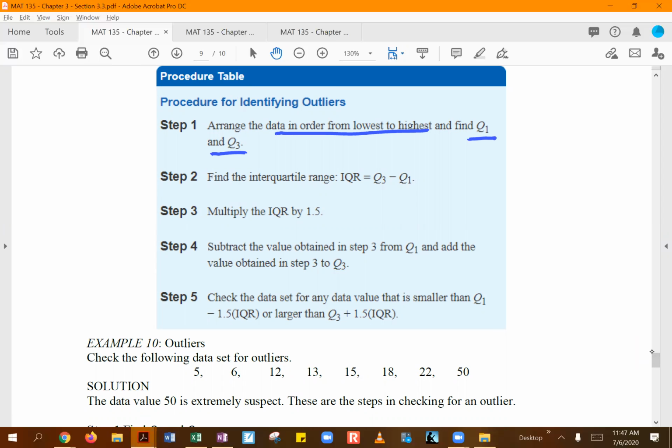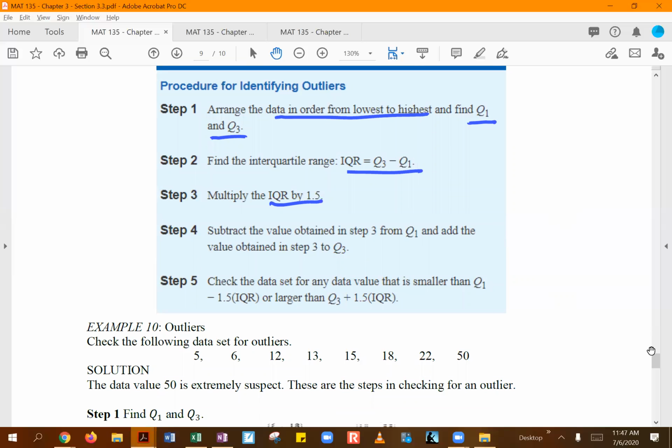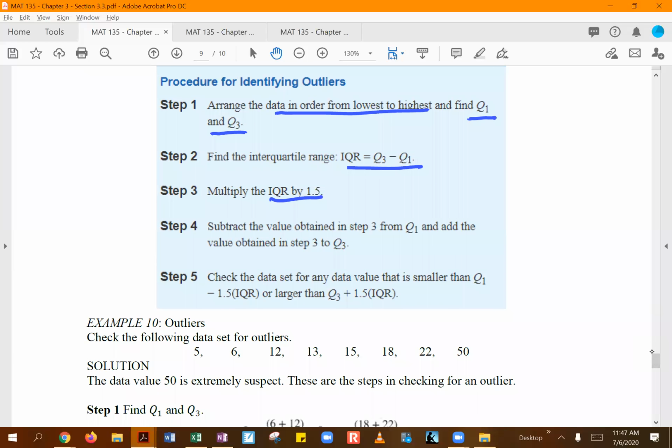Find the interquartile range. Once you have done this calculation, we multiply the interquartile range by 1.5, and then taking our quartile 1 and quartile 3 measurements, we subtract this answer from step 3 from quartile 1 and add it to quartile 3.